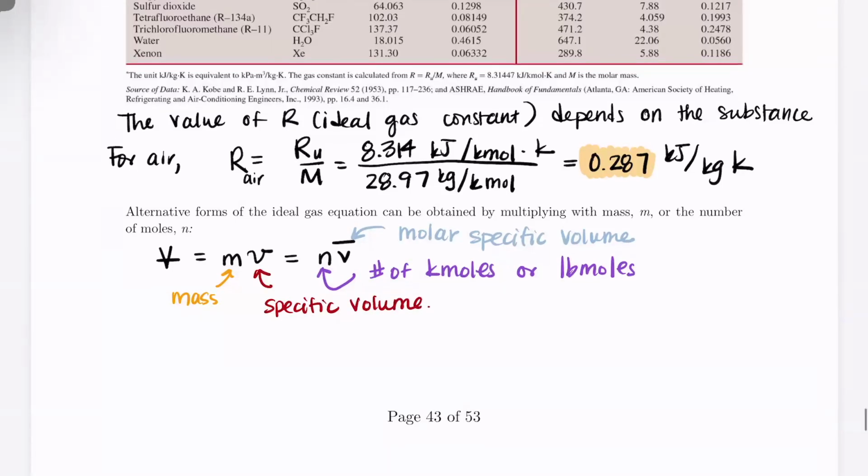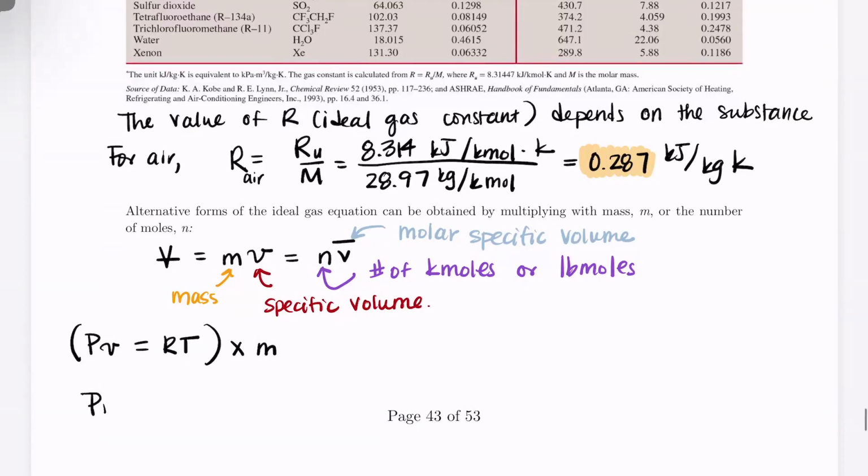All right, so if we take our equation, PV is equal to RT, and we multiply this whole thing times M, then I get PMV is equal to MRT.